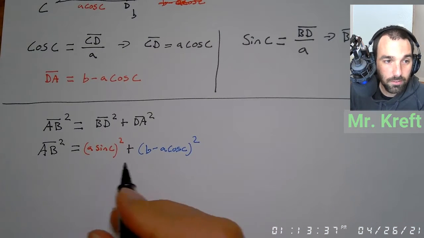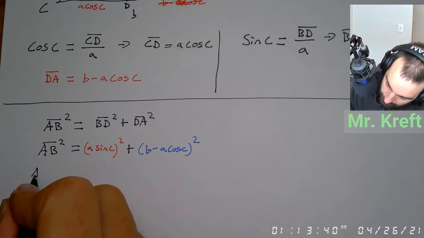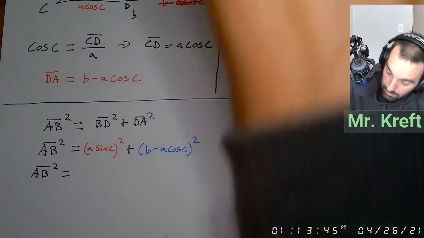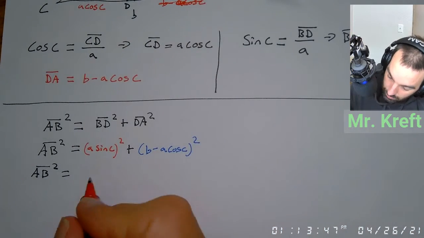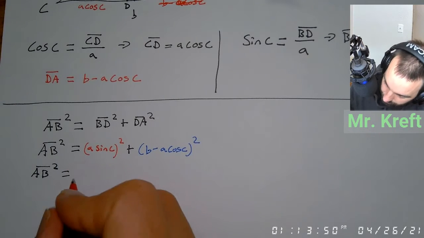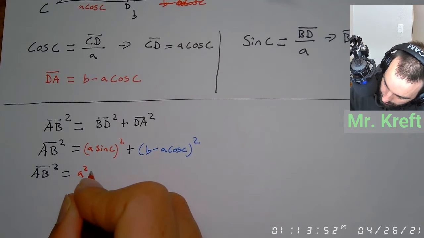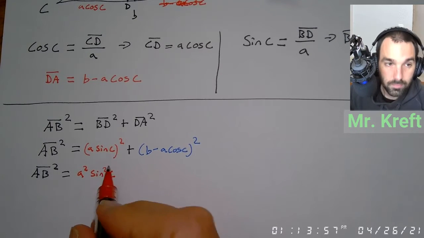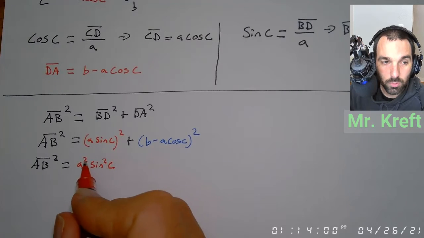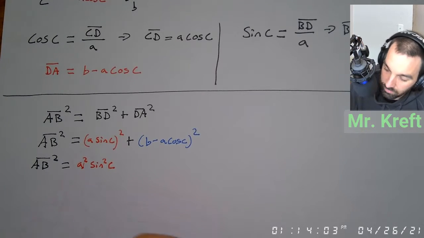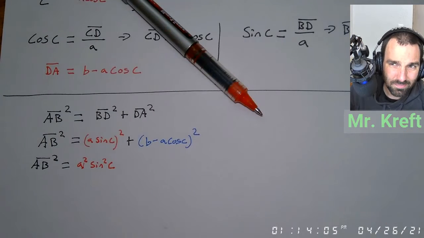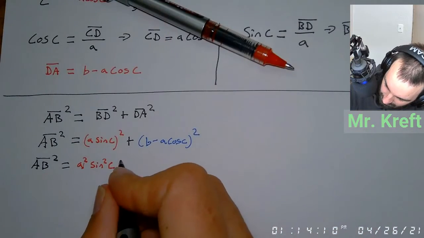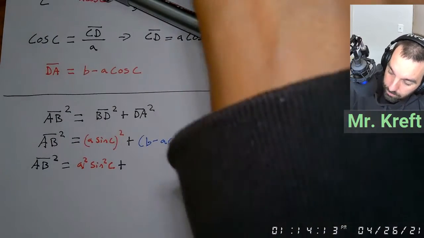Okay, so now we're going to expand these two. So I'm going to get segment AB squared equals, so let's expand this. This is going to be A squared sine squared C, right? Because it's a monomial, so we're going to square all the terms. Okay, but this one is a binomial.